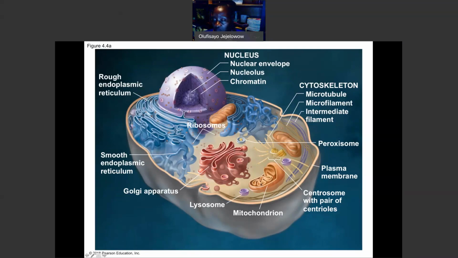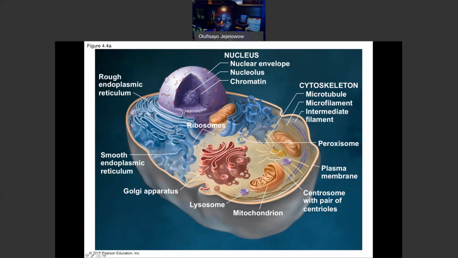Mitochondria, also known as the powerhouse of the cell, convert all the chemical forms of energy to ATP. ATP, adenosine triphosphate, is the energy currency of the cell. It's the molecular form which the cell can utilize for energy. Energy molecules in all other forms are not utilized.